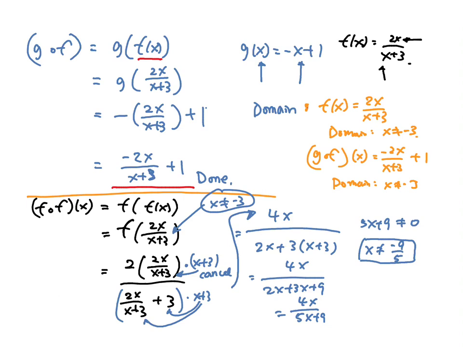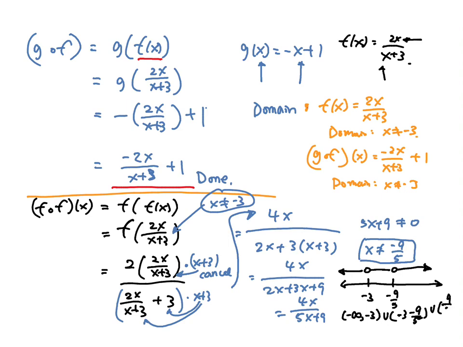So if I drew a number line, I have negative 3 right here, that's open. I have negative 9 over 5, that's like negative 1.8, which is right here. And my domain will be everything else except those 2 points. So from negative infinity to negative 3, union negative 3 to negative 9 over 5. I run out of space, sorry. Union negative 9 over 5 to positive infinity.